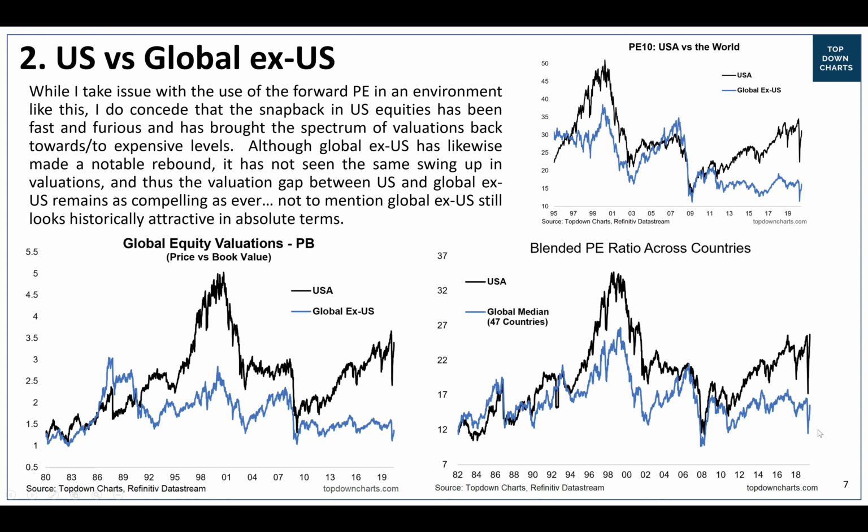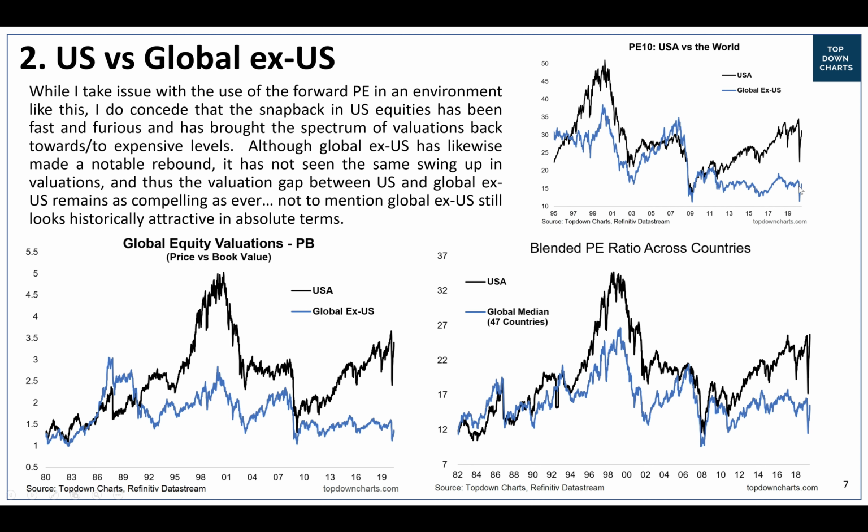It did get very cheap back in March, but has since come back quite sharply. US, on the other hand, has gone up to a new high. This was from a couple of weeks ago, so it's actually gone up even further since then. But also just a significant gap between the two, and that's kind of the punchline really.